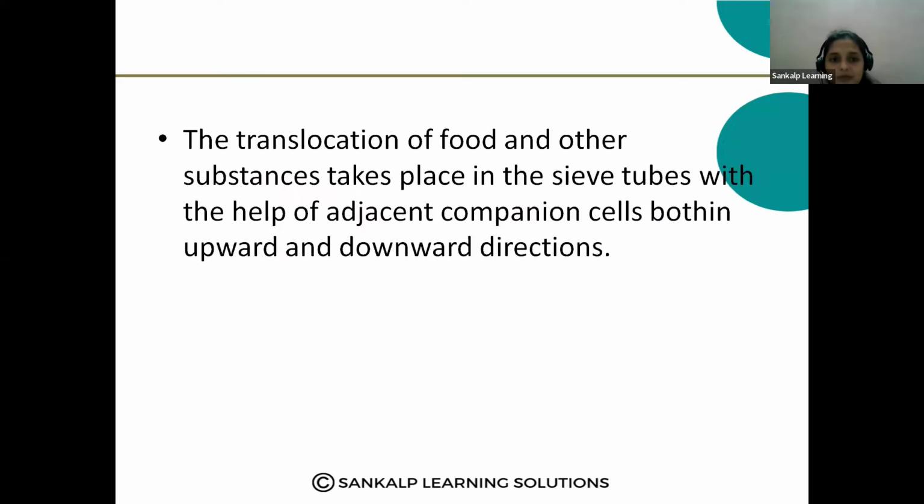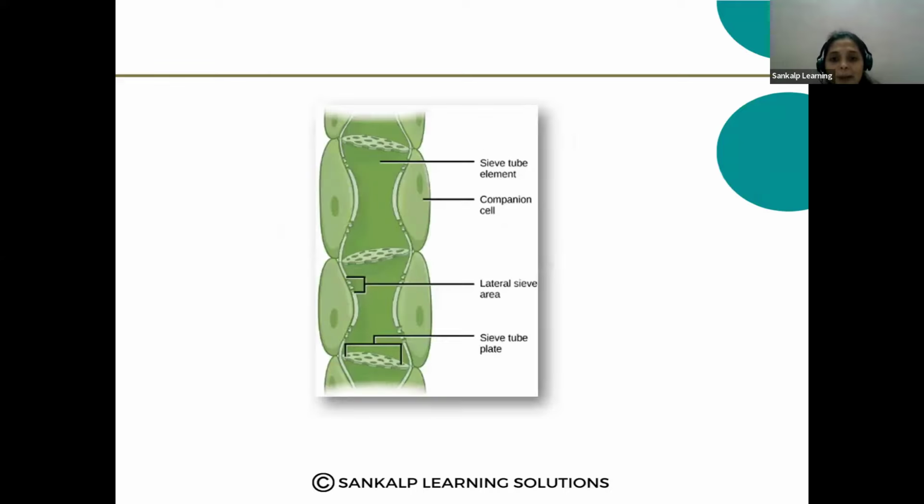So here the translocation of the food and other substances takes place in the sieve tubes with the help of the companion cells. In the phloem tissue, there are different cells, called the sieve tubes and companion cells. These are the sieve elements or the sieve tubes.